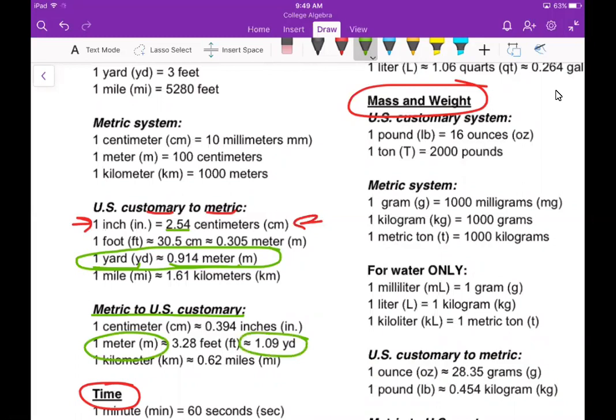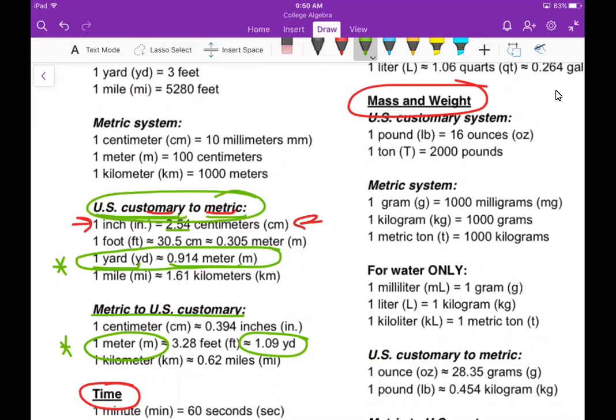If you use this conversion instead, your final answer will be rounded differently. You should get close, but it will be a different final answer because those conversion factors are rounded. Now, you could have used either one of these, but I would try and always go with this category in your list, because we were going from US customary to metric.